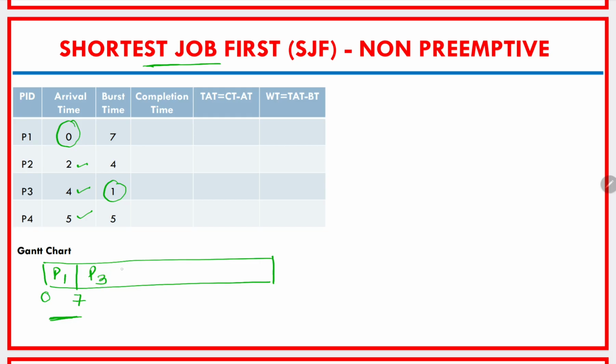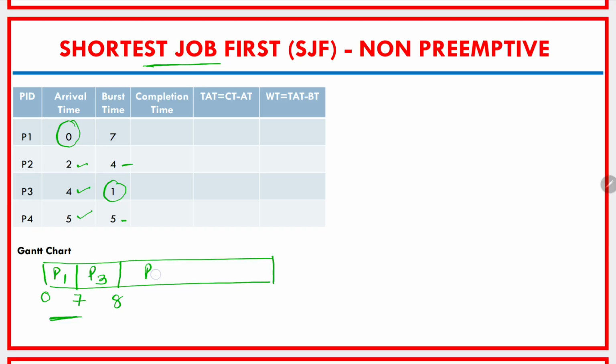It executes for 1 millisecond, from 7 till 8, and now this process completes its execution. We are left with the remaining two processes, P2 and P4. Again, we look at which of these two has a smaller CPU burst. Over here, P2 has a smaller CPU burst.